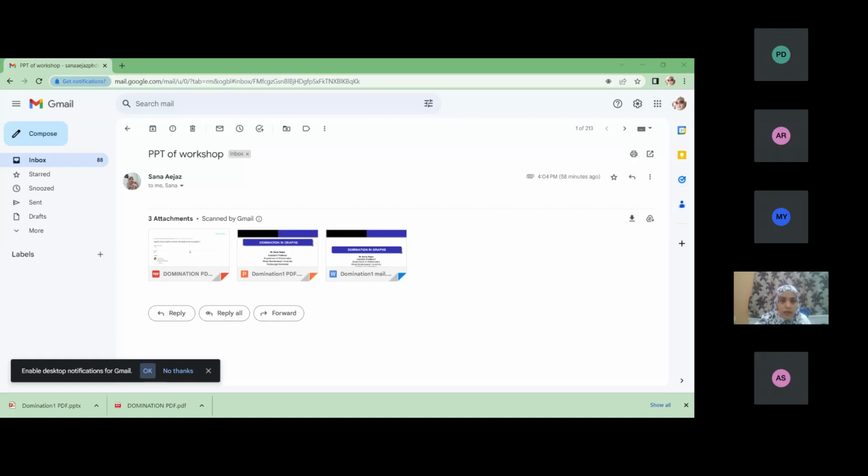So here is the outline of the lecture. Here we are going to have an introduction. In the introduction part, we'll see the history of how domination exists in graph theory, and we'll see a few examples. Then we'll move on to domination definitions, and we'll also see a few examples of domination through which the students will be able to easily understand the concept of domination in graph theory.